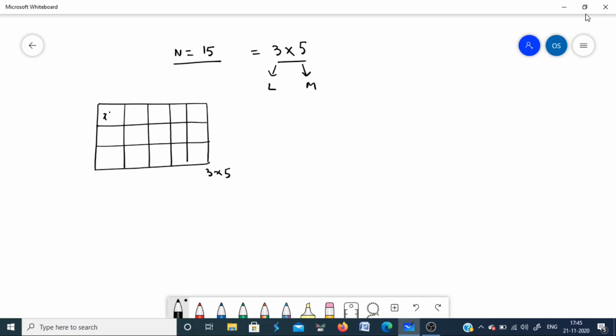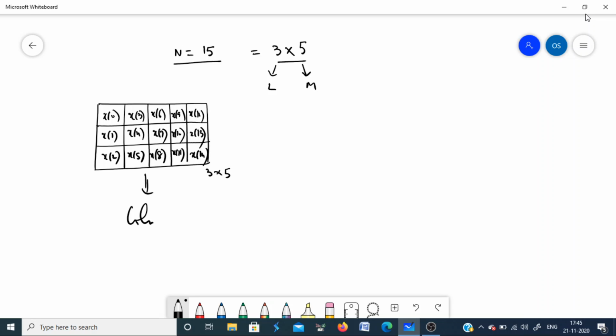It means x0 will be here, then x1, then x2, then x3, x4, 5, 6, 7, 8, 9, 10, 11, x12, x13 and x14.